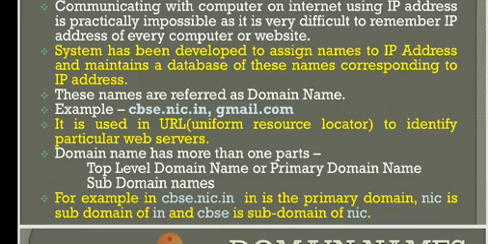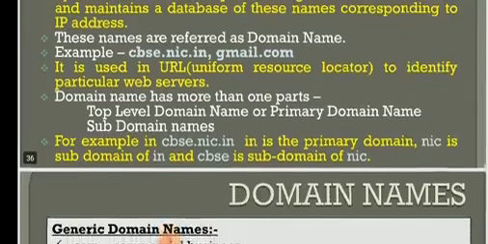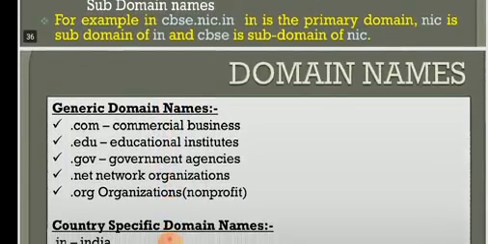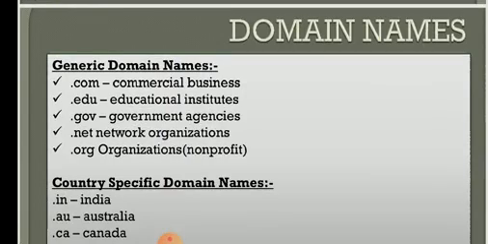So each and every domain name will have more than one part, that is the primary domain name and subdomain names.